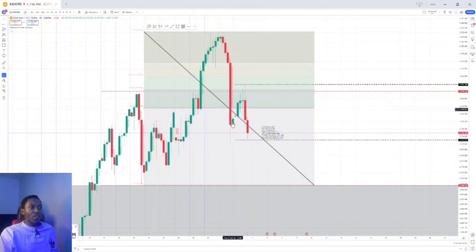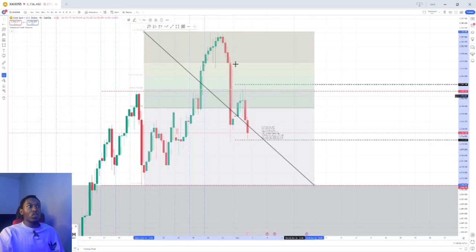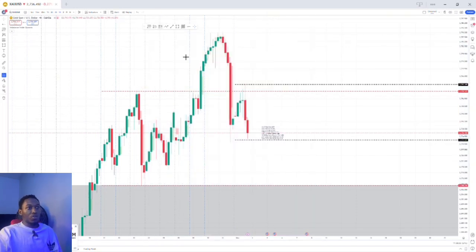Price broke through the 0.5 retracement area, tried to retrace up there, got rejected, tested the 0.706 but got rejected and closed lower before returning back. So this is just like a break and retest. Price continued selling. So the Fibonacci retracement has also given us more confirmation for the bearish reversal on gold.